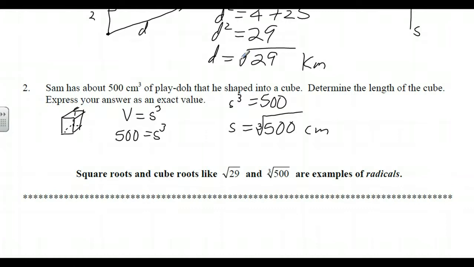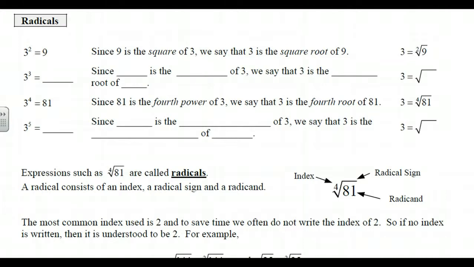And square roots, like root 29 and cube root 500, are examples of radicals. For radicals, here we go. 3 squared is 9. Since 9 is the square of 3, we say that 3 is the square root of 9. And it's read like this, with a little 2 there, which indicates which root. 3 cubed is equal to 3 times 3, which is 9, times 3, which is 27.